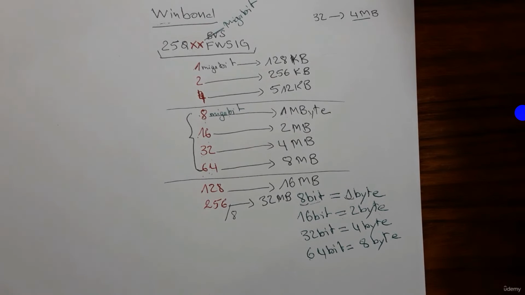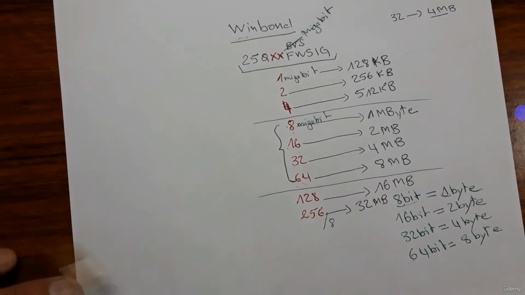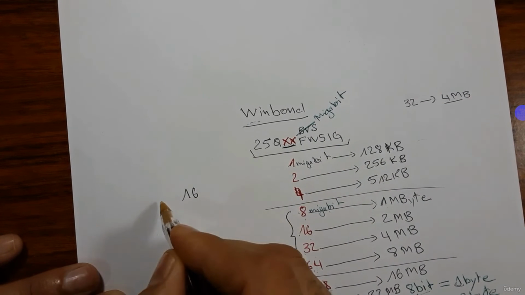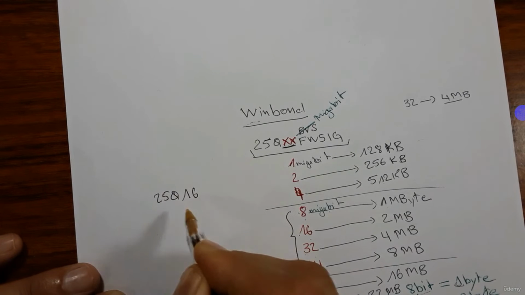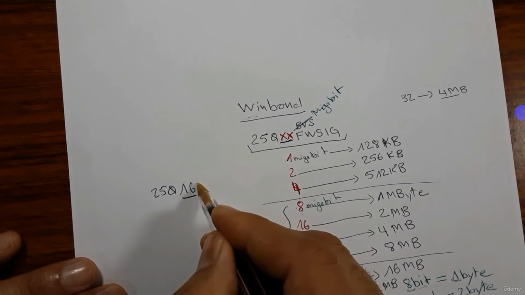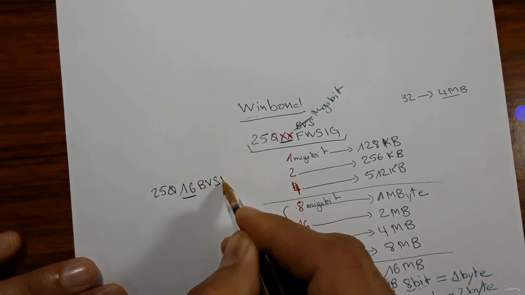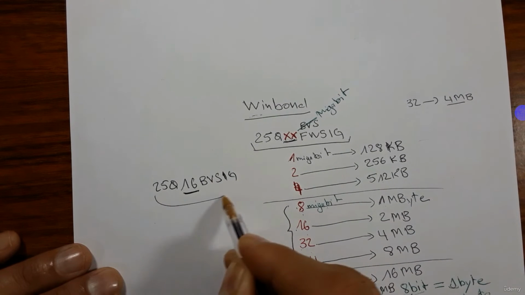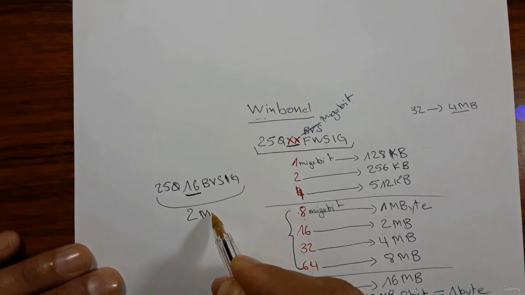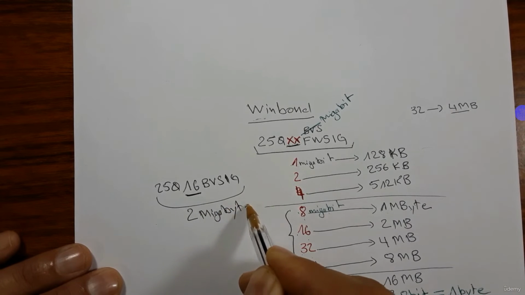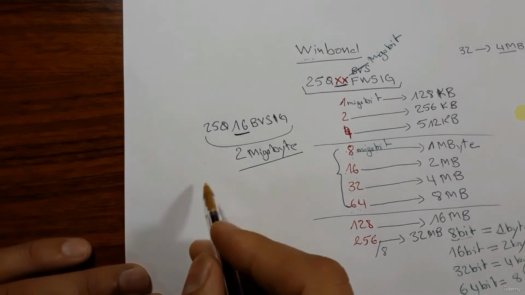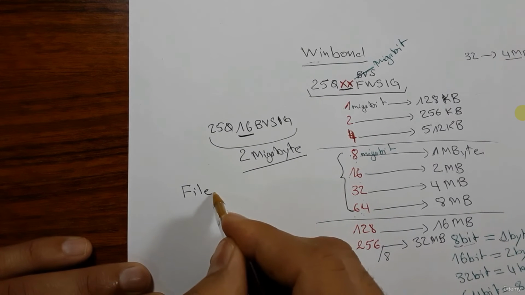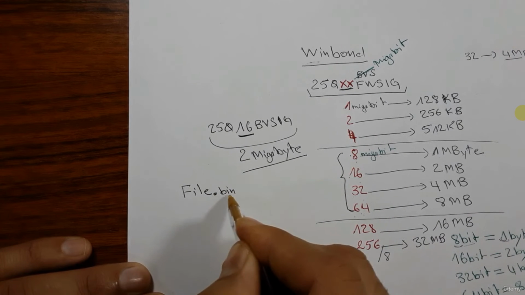For example, if you have a BIOS with 2 megabytes, let's assume that here we have 25Q16 BVS. This is just a reference, for example. So we have 16. 16 means 2 megabytes. So this BIOS has 2 megabytes of size. So the file that we will usually find with bin extension.